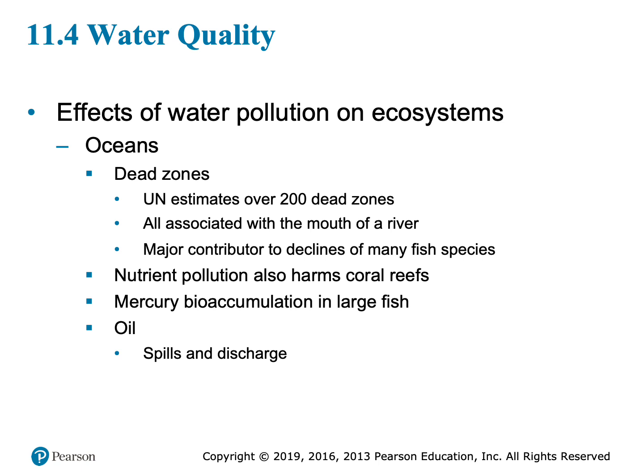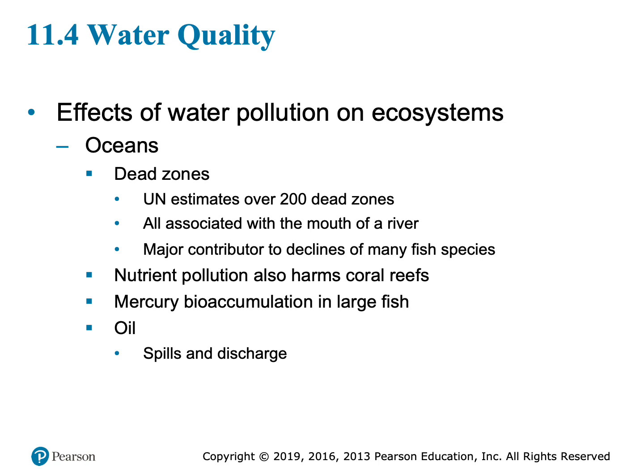Oceans, then, we call dead zones a zone in the ocean where bacteria decompose organic matter, depleting the oxygen dissolved in the surrounding ocean water. The United Nations estimates there are over 200 dead zones in the oceans, and they're all associated with the mouth of a river, where a river would bring in pollutants to the ocean.